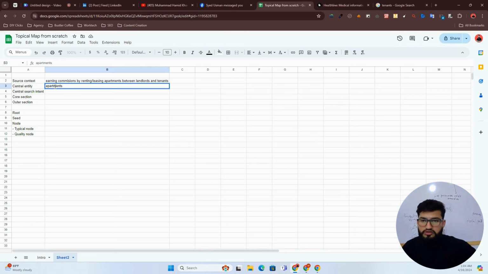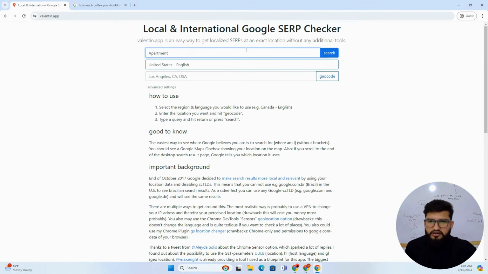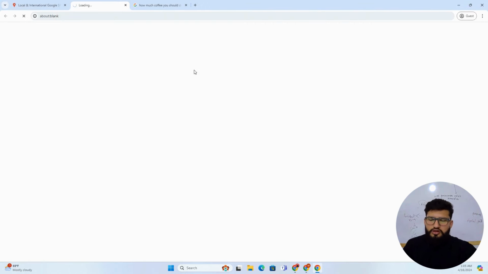These could also be main nouns or entities within our central entity, as I will explain further. So apartment, I believe, should be the central entity around which our topical map should be created. Let me validate my central entity by searching on Google.